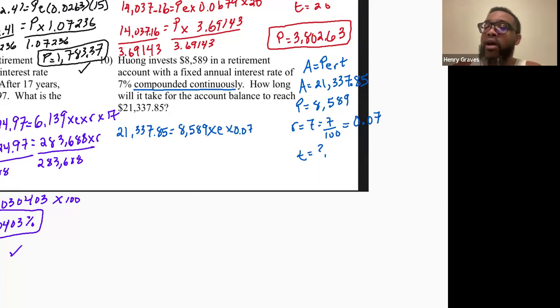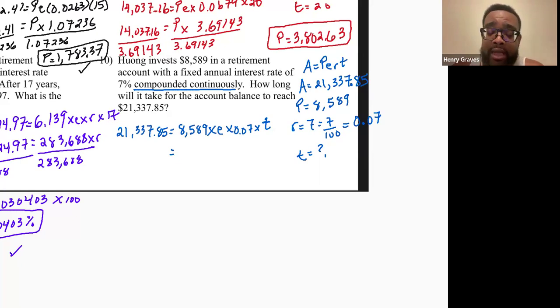So when I multiply all of these numbers, let me see what I get. 8,589 times E times 0.07 is going to leave me with, that's not a lot, is it?